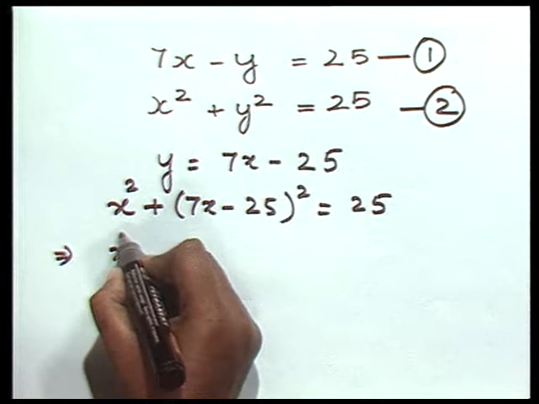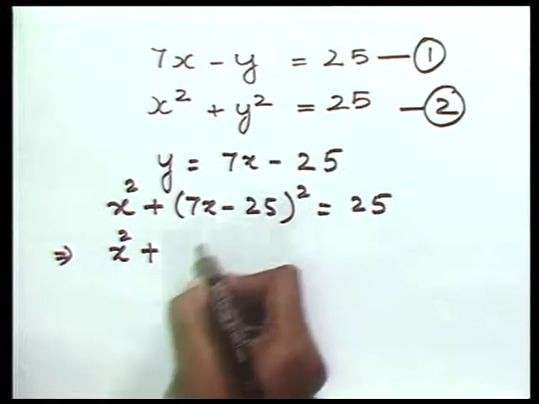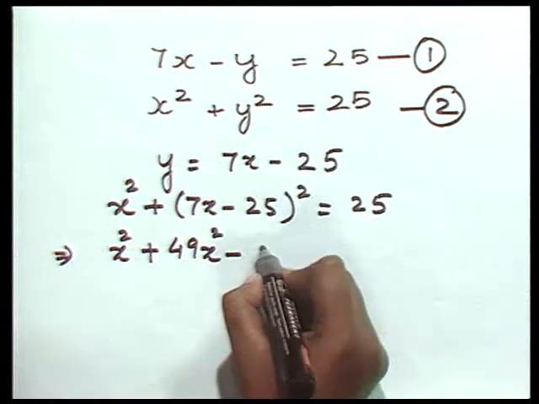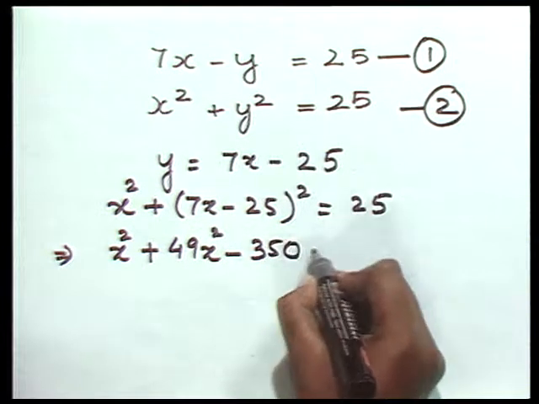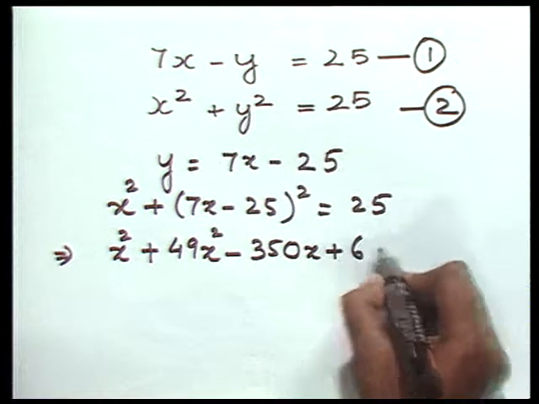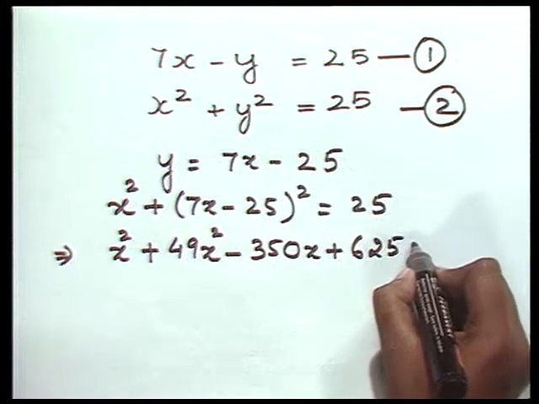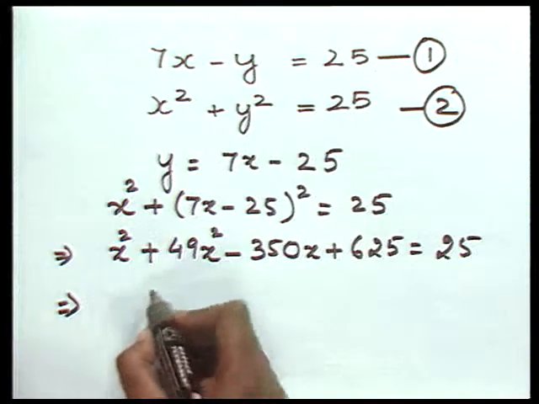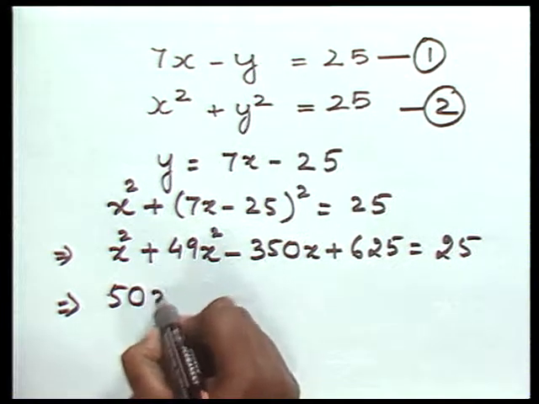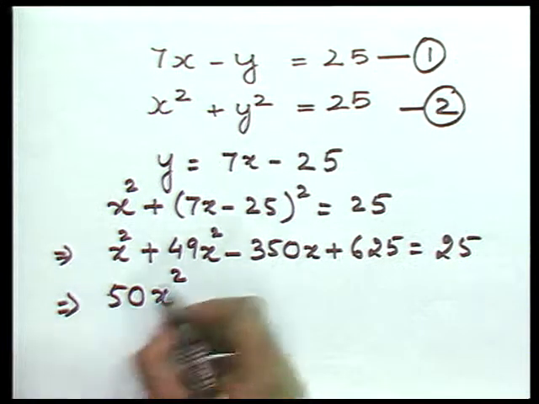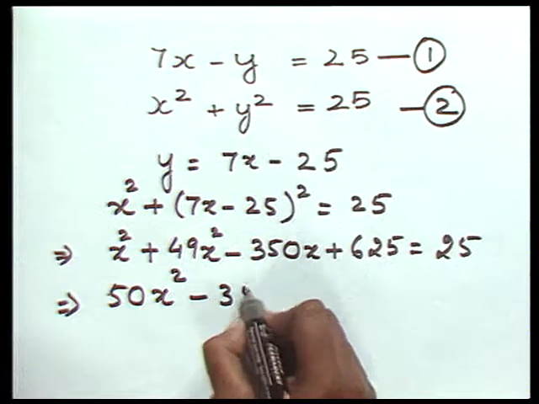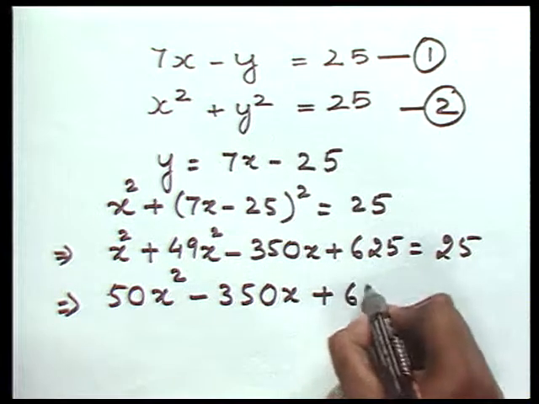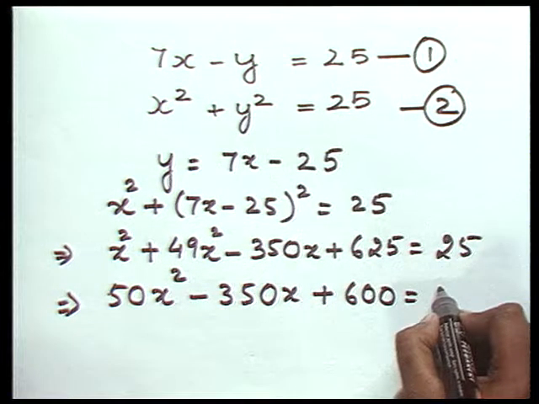This is the (a minus b) whole square formula. So 49x square minus 350x plus 625 is equal to 25, which on solving further gives us 50x square minus 350x plus 600 is equal to 0.